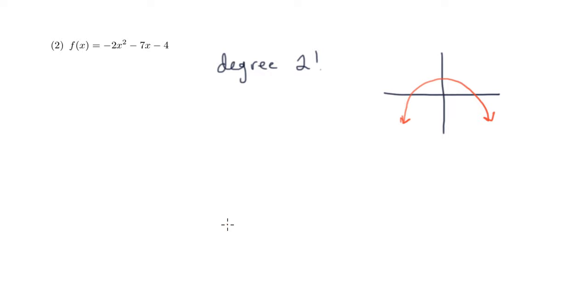Okay, so to find the zeros, I could use the quadratic formula, but I actually want to notice negative 2x squared minus 7x minus 4. I'm looking for the x values that give me 0. I'm going to notice that this will actually factor. How do I know it factors?